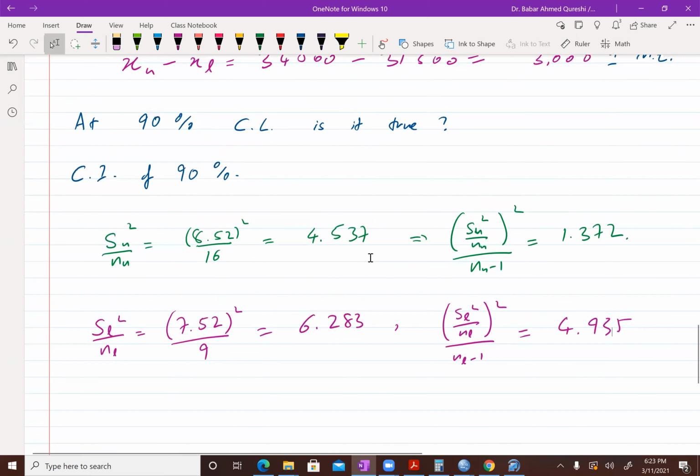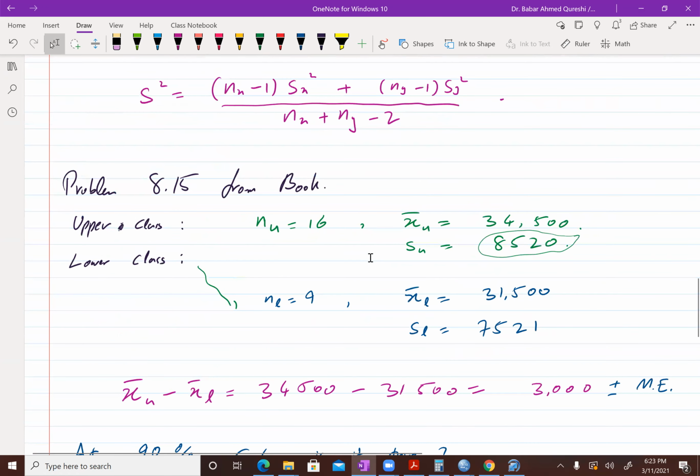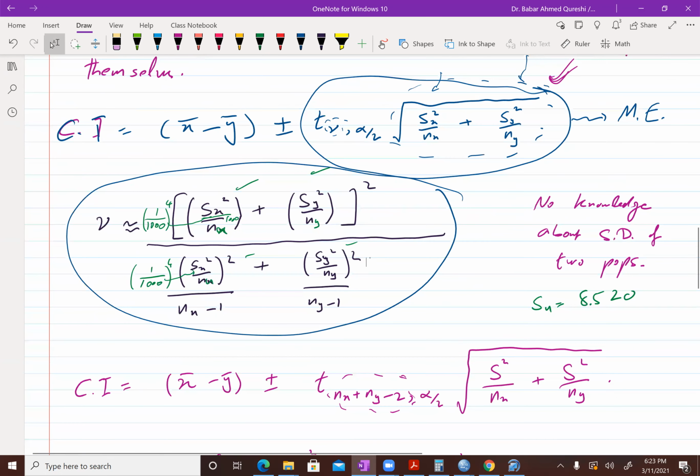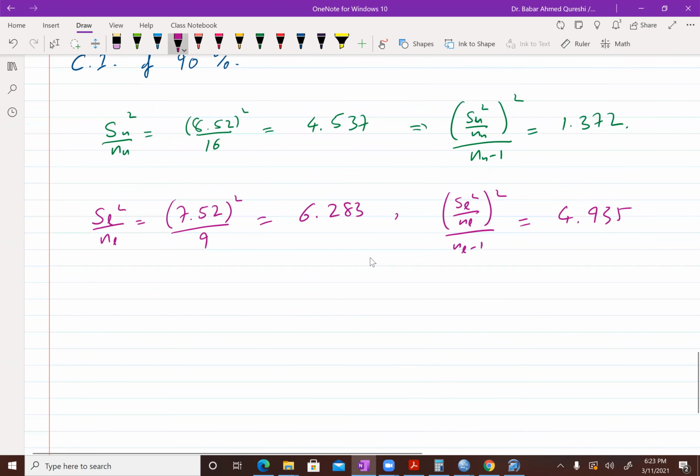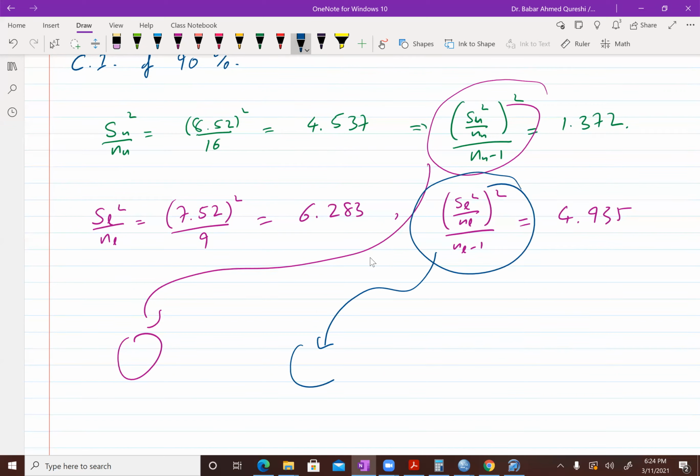So these two terms I have to add in the denominator. So I just pick this number and take this number and add them. So this number plus this number is going to give me the number in the denominator. So this gives me 6.307.